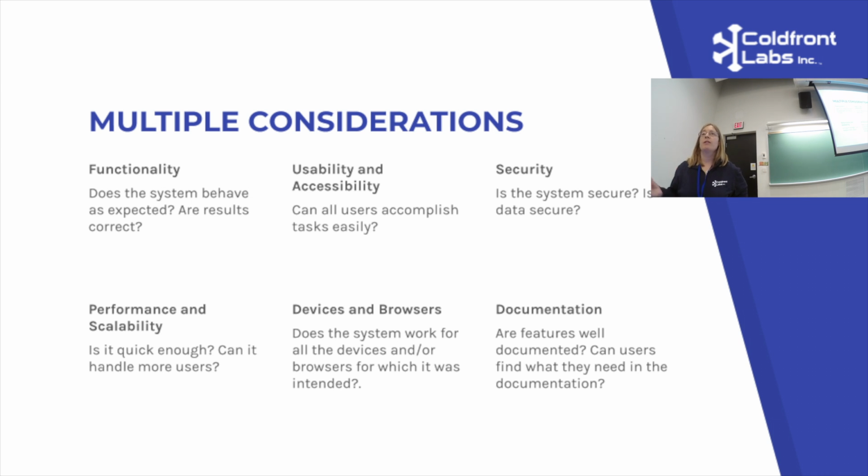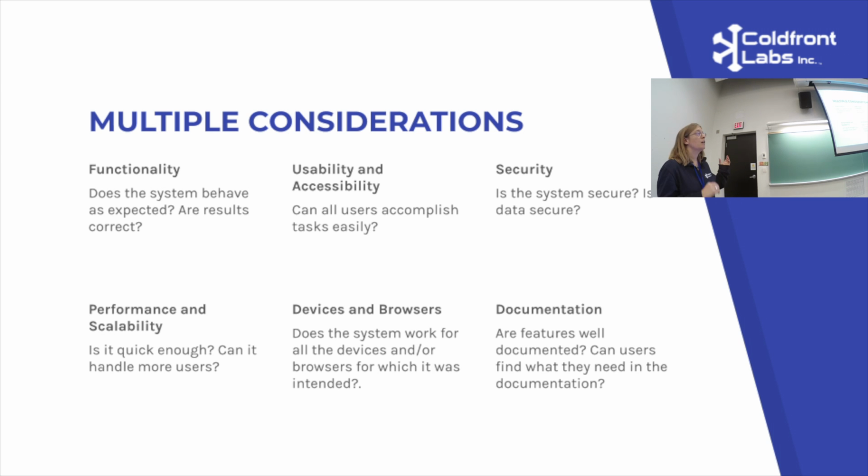I mentioned that there are multiple things to consider with acceptance testing, and these are a few of the additional things. There's not only functionality, but you want to make sure that the user experiences the system as a whole in a great way. So it needs to be accessible, it needs to be secure, it needs to be performant.